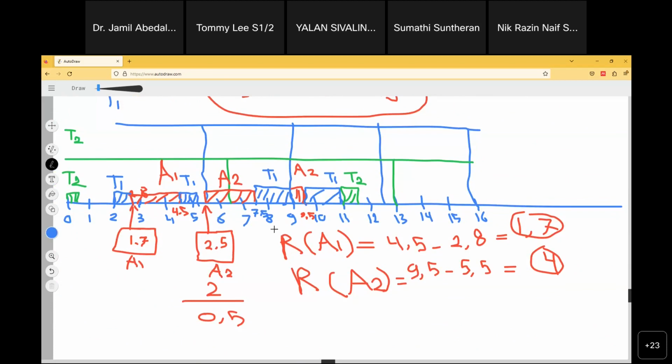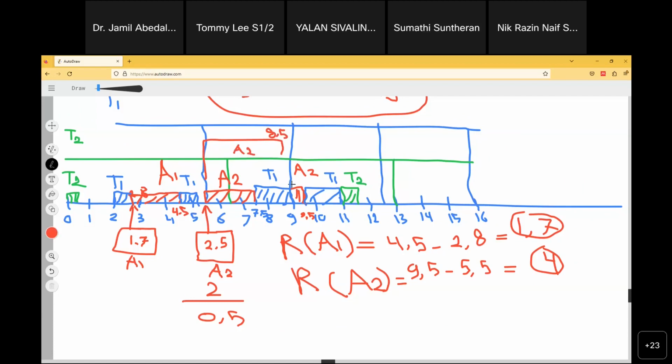A2 was supposed to be executed from here until 8.5.